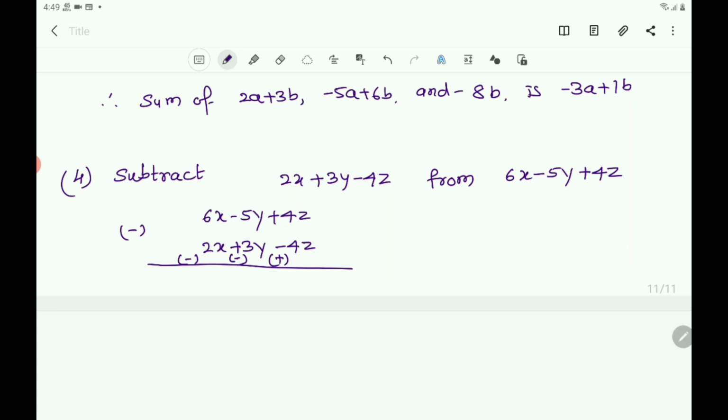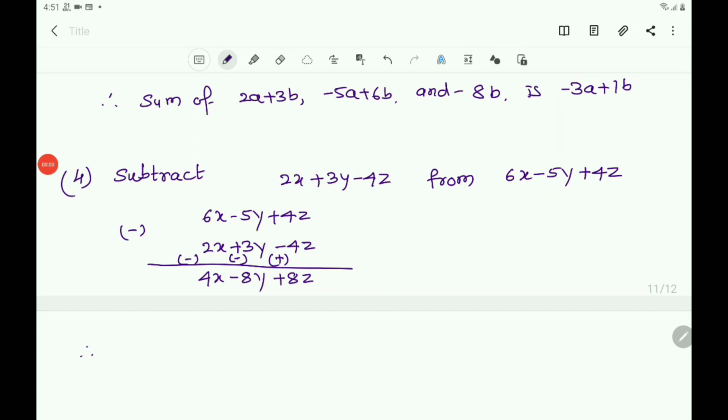The sum of 6 and minus 2, that is 6 minus 2 is 4x. Minus 5 minus 3 means here we have to add: 5 plus 3 is 8, so it is minus 8y. And 4z and 4z as the sign is changed, so the sum is plus 8z.